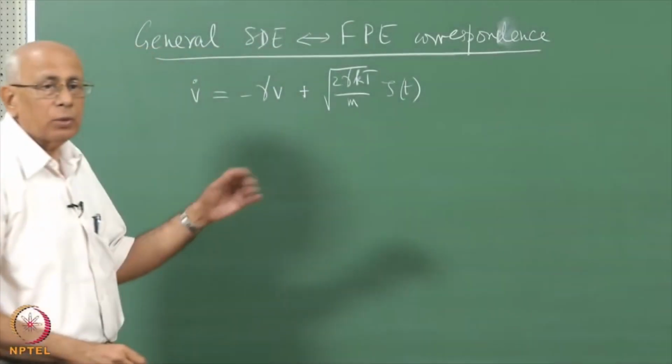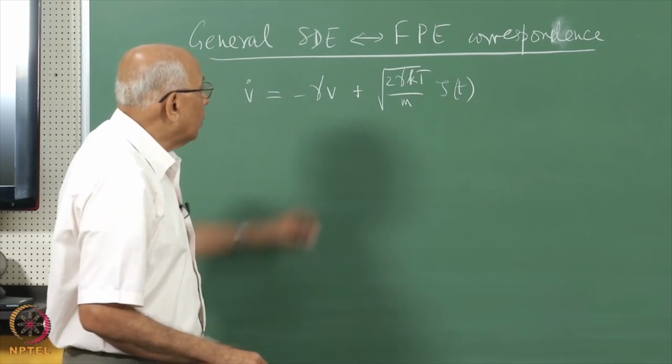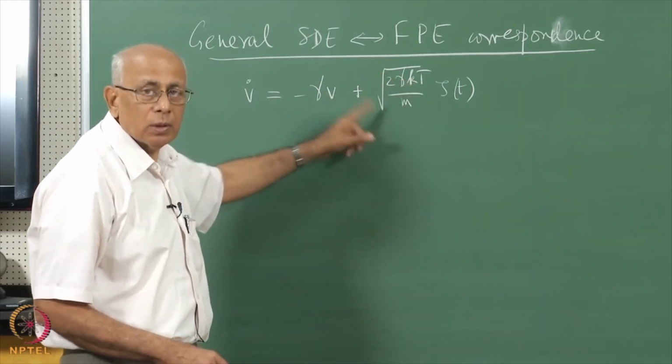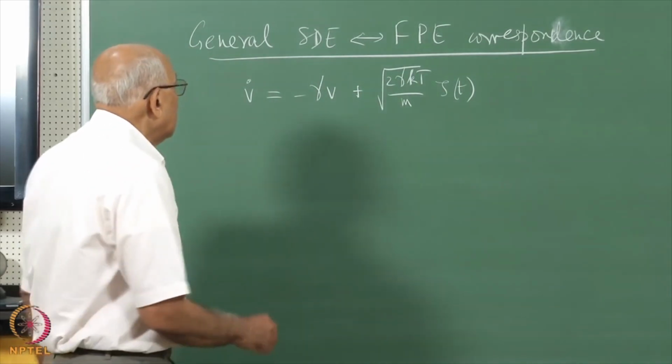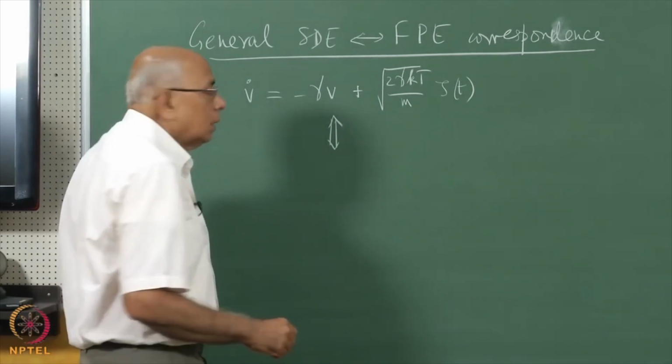I have used the fluctuation dissipation theorem, divided by m and so on, and then you had a 2m gamma kT divided by m squared. I put it inside the square root, so this becomes an m.